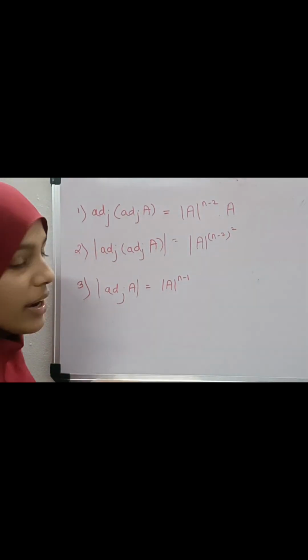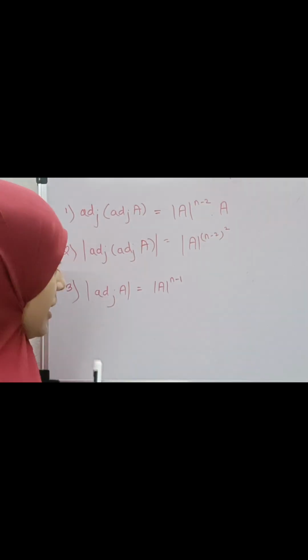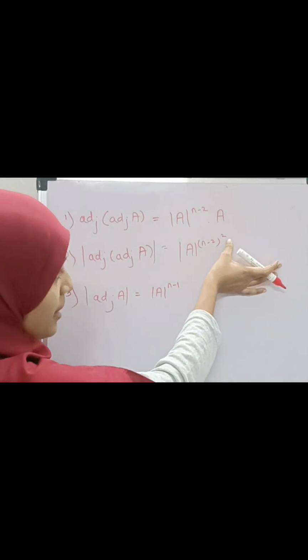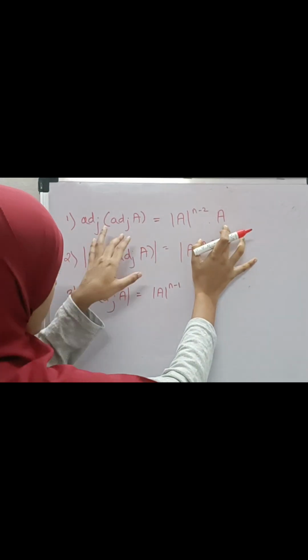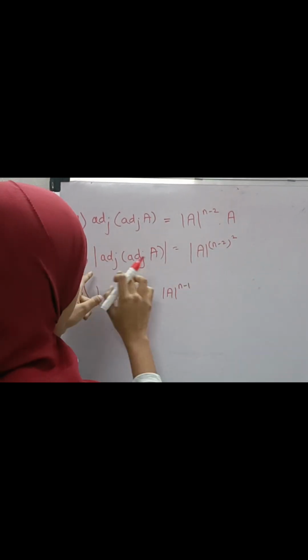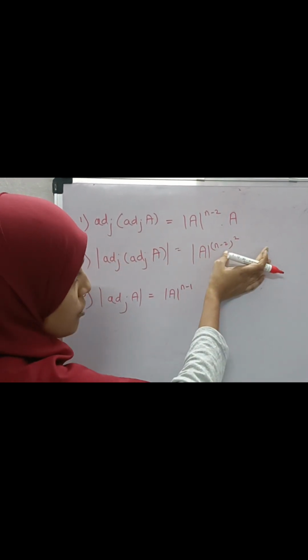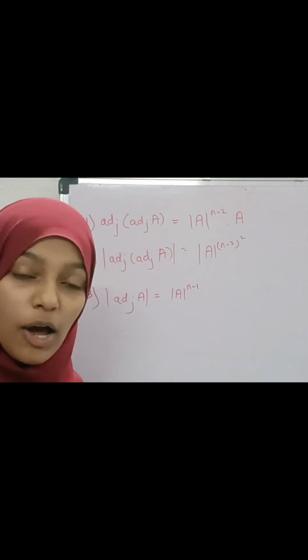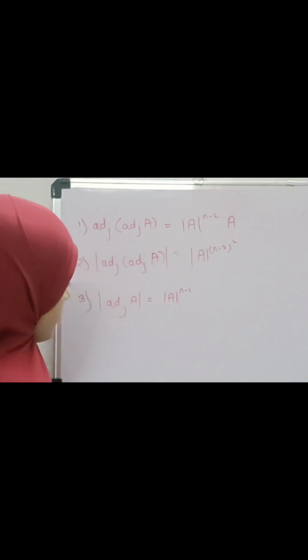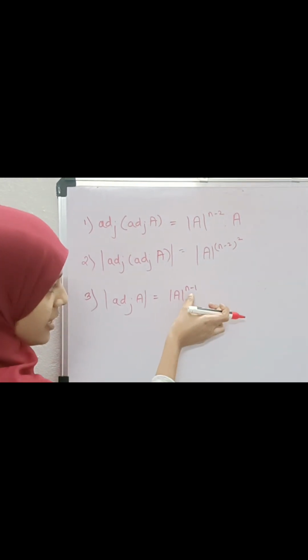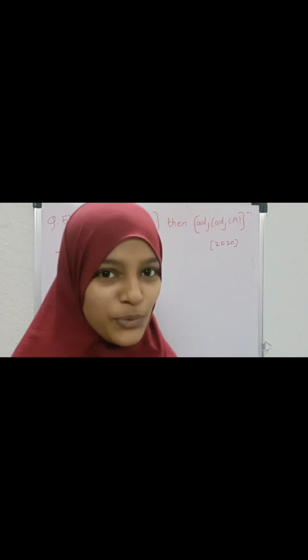If we have the normal, then we have to multiply it by A. If we have the determinant of adjoint of adjoint A, we have to just take the square instead of A. Now what if we have adjoint of A and we have to find the determinant of adjoint A? We have the short trick, that is determinant of adjoint A is nothing but determinant of A raised to n minus 1.